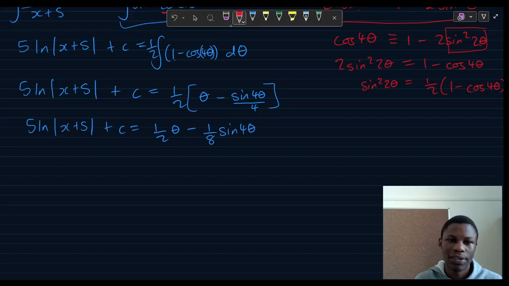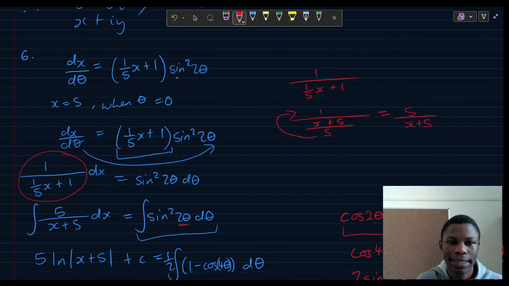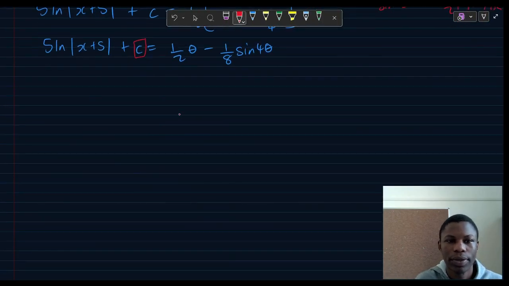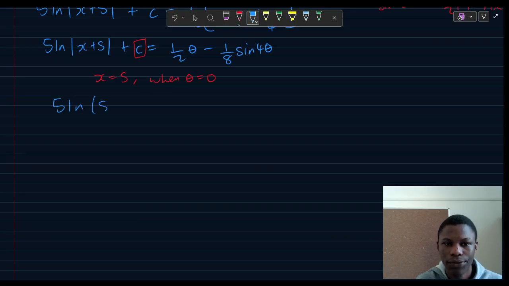But of course, we need to evaluate our constant of integration, and that's why they gave us this extra information: x is 5 when theta is 0. So we have 5 ln of 5 plus 5 plus c is equal to, when theta is 0, this whole thing falls away, because sine 0 is 0, and 0 times half is 0.